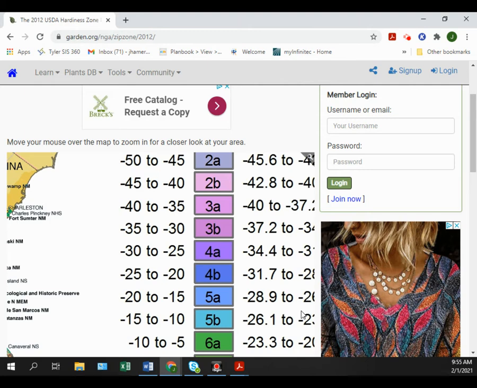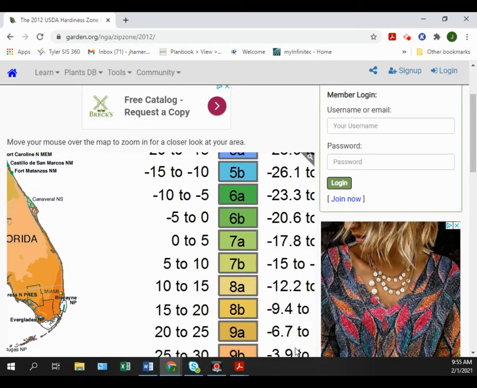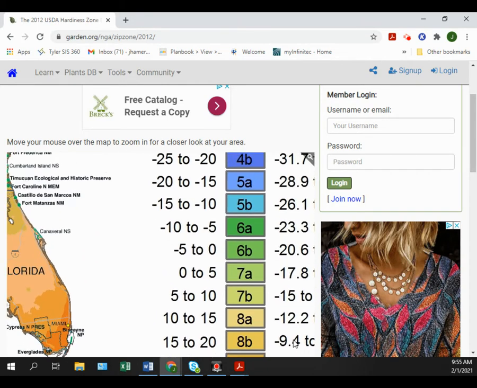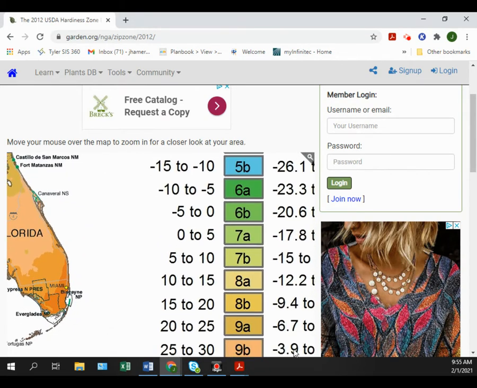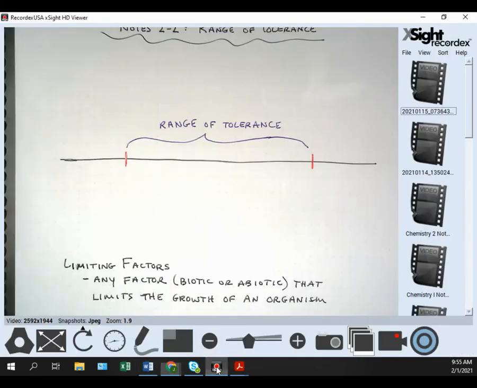But if they can't, like if you have a plant that's rated an 8A, meaning it can only handle 10 to 15 degrees as the lowest it can handle, you don't want to buy that and plant it up here by us because our winters will kill it. That would be outside of its range of tolerance. The range of tolerance is whatever the limiting factor is.